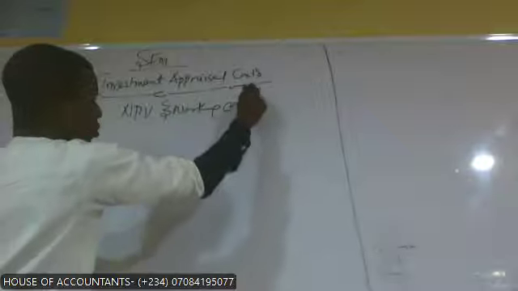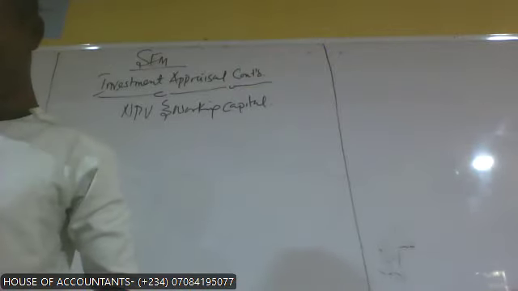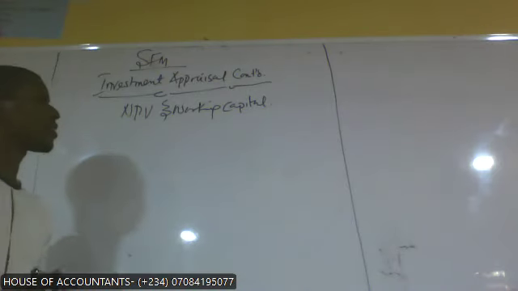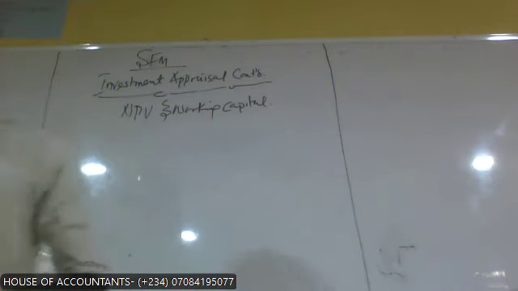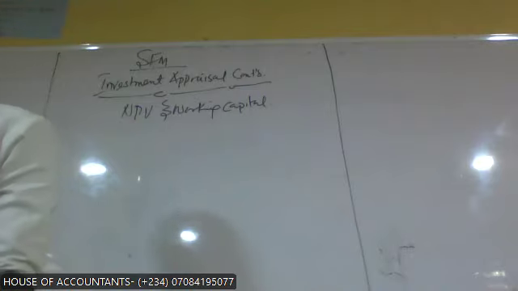Because working capital also is another adjustment that we need to know how to carry out in the exam. So when you say working capital, what are the necessary adjustments that we need to know with respect to it?